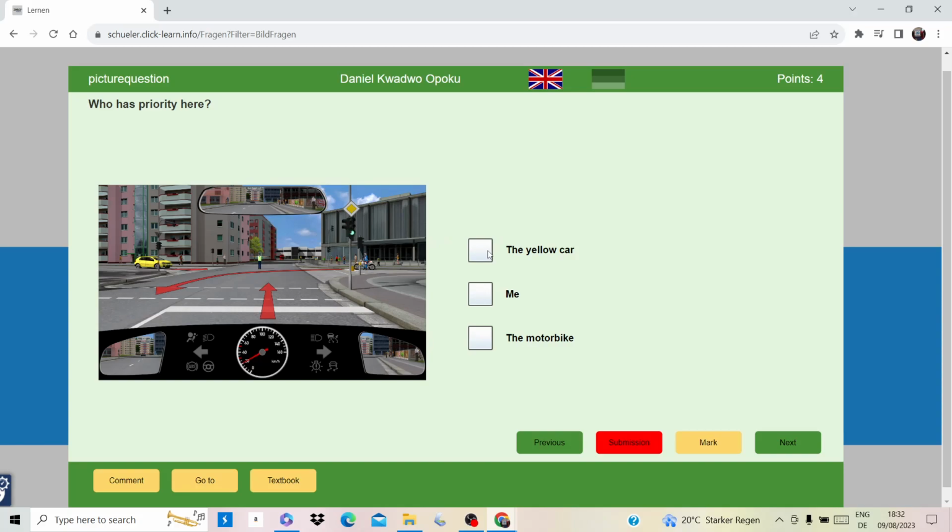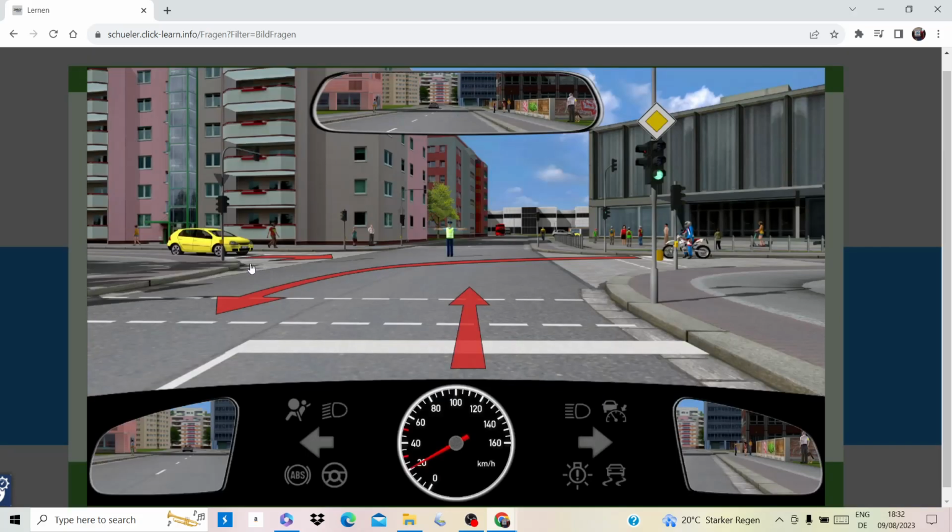The answers are the yellow car, me, and the motorbike. Here, only one answer is correct. I've told you that we are on a priority road. Normally, we will have priority, but because of the policeman, our priority has been taken away from us.